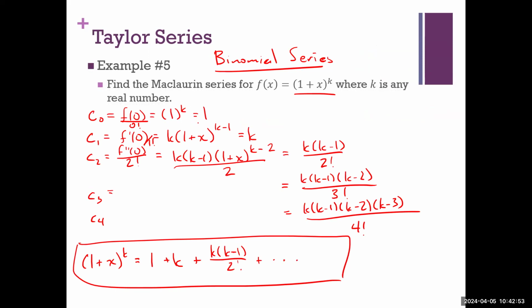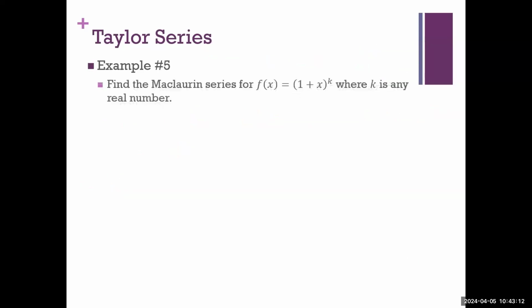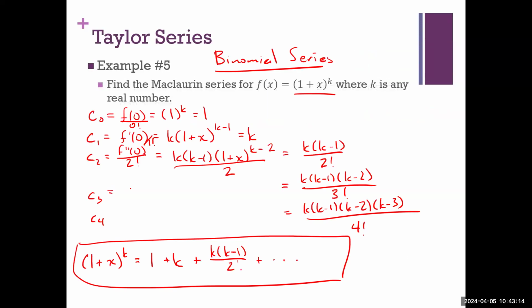Maybe it's a good idea for us to write down what our k is. What's our k for this one? Negative 1/2. I think that should be enough. So what's our first term going to be? The first term is always just 1, which comes from us writing this out the way we did. The second term should be what?